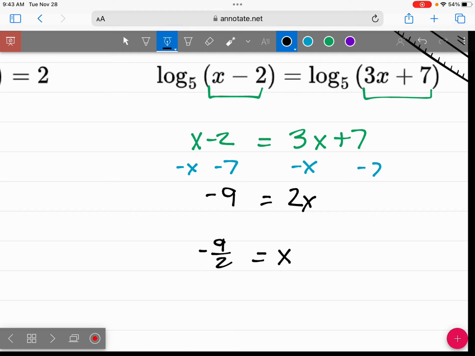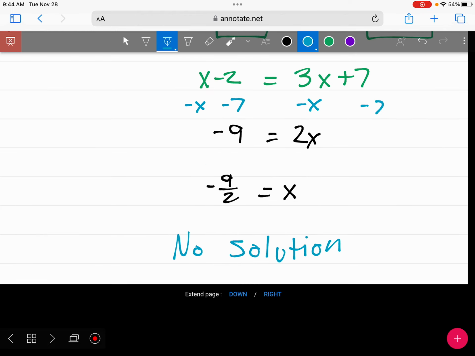Nothing. We can't have a negative argument or a negative base. We can have negative powers. Negative powers are totally a thing. But we cannot have a negative base or a negative argument. So this has no solution. Because we can't have negative arguments.